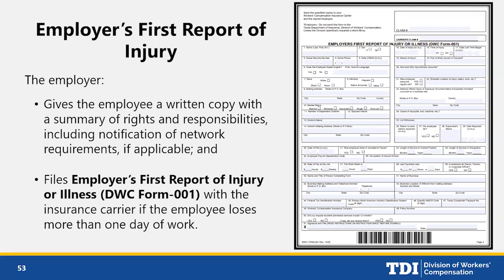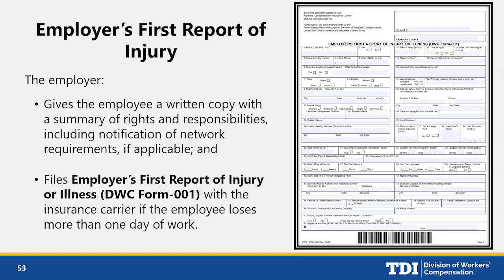Now, the employer, you're going to be filing the first report of injury. You're going to give the employee a written copy of their rights and responsibilities, and Patricia posted that in the chat, including whether they need to choose a doctor from a network and what those network requirements are. So a list of those doctors, you need to make sure the network is letting them know how to find a doctor, or you let them know they have to choose from the network of doctors that are contracted.